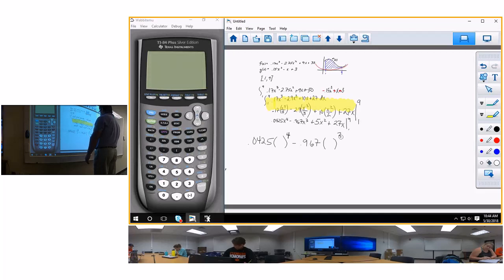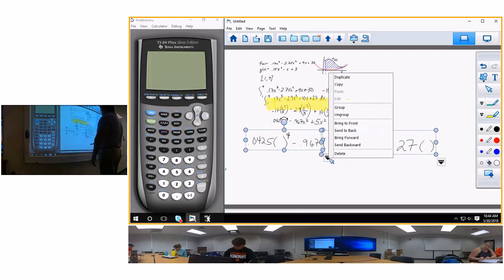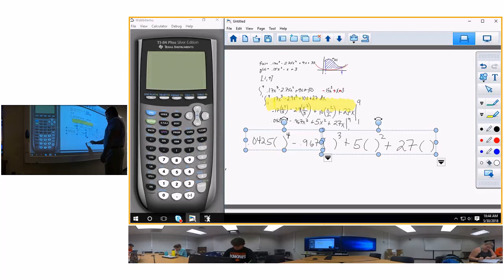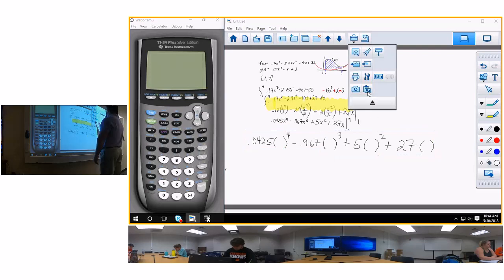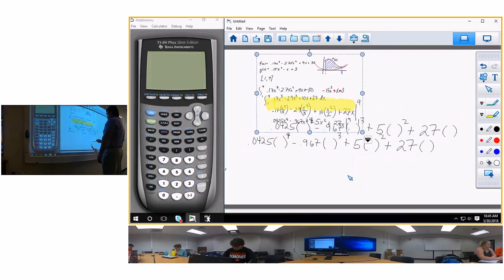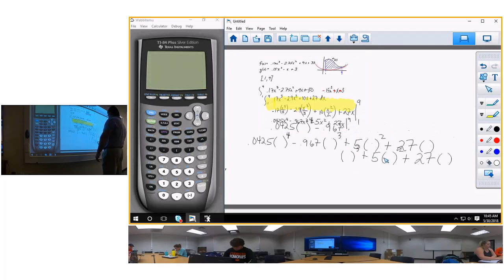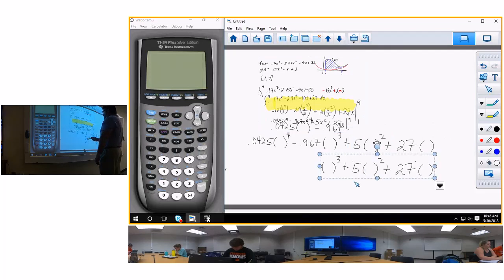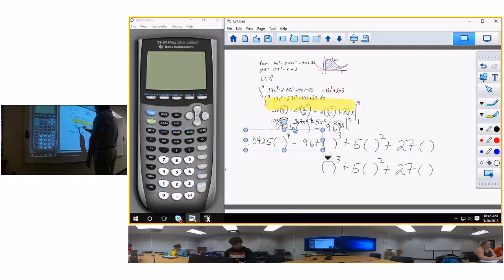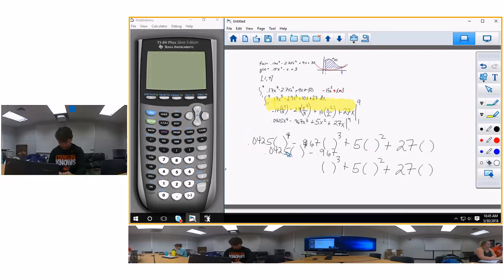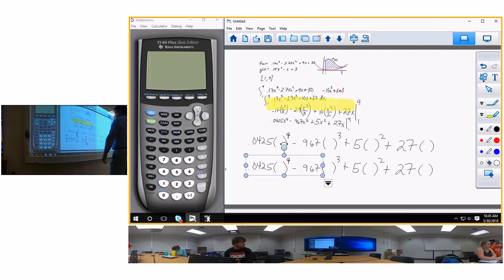Take my handy dandy window maker, copy, and go down here and insert. Bring that down. Heaven forbid you make something simple. I don't know. See if that's right. Hope I didn't mess up anything.